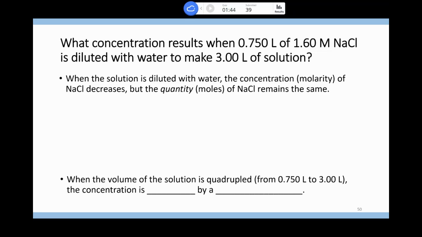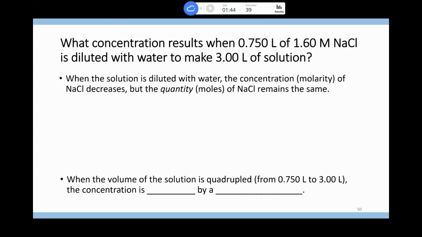So we're taking 0.75 liters, less than 1 liter, of a solution that has sodium chloride dissolved in it, and then adding water to get a total volume of 3 liters. We want to know what that ending molarity is, that ending concentration. It's getting diluted, we're adding more solvent, so the molarity should be lower, but we want to actually calculate what that value is.